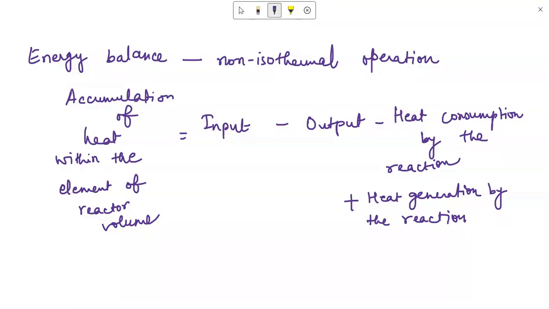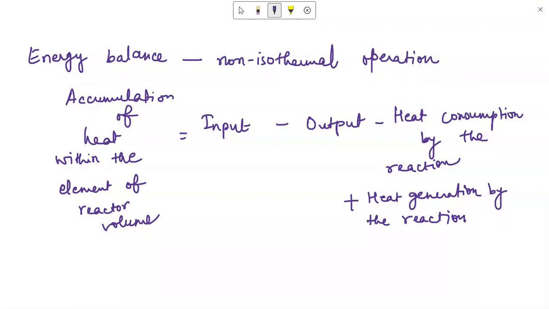Then we'll be able to predict the response of the reacting system to changes in operating conditions, like rates or equilibrium conversion with respect to temperature and pressure. And when we are able to compare the yield, meaning how much of the desired product output you are getting, that defines the yield. Once you're able to compare the yield for different designs, then you can proceed to the economic study of your reactor design.